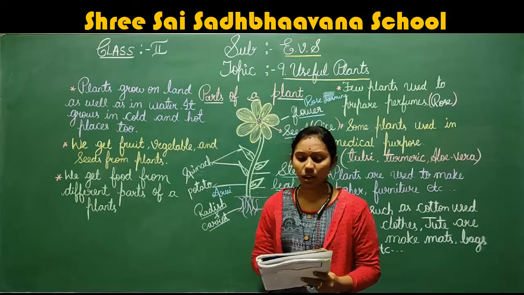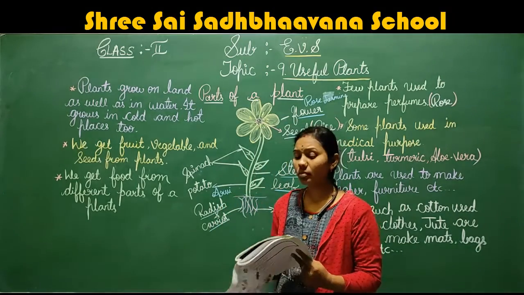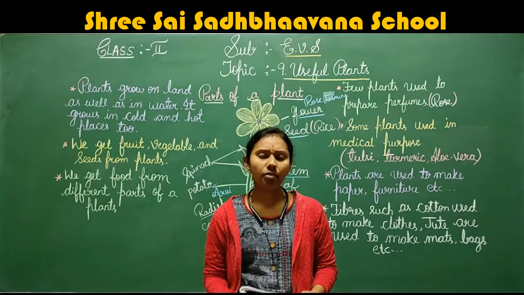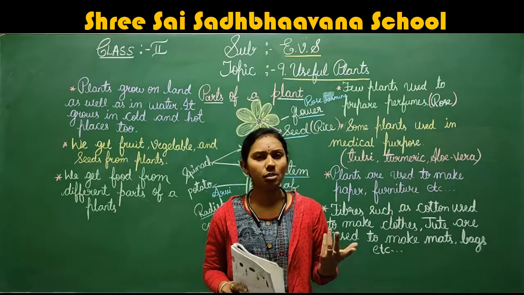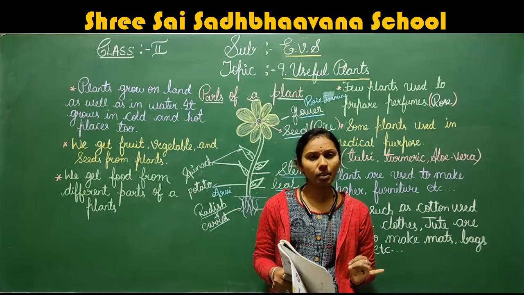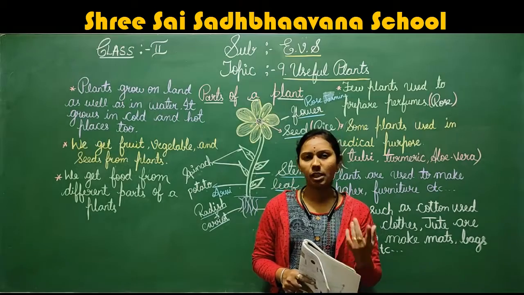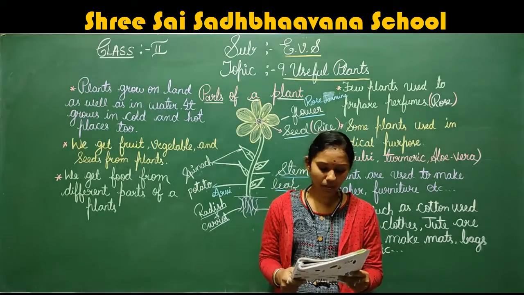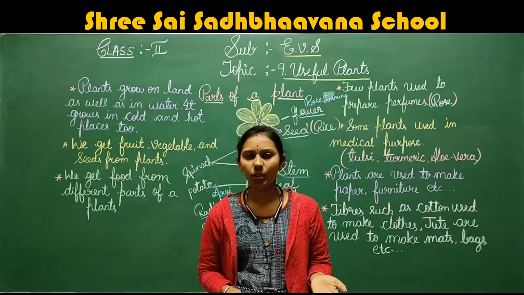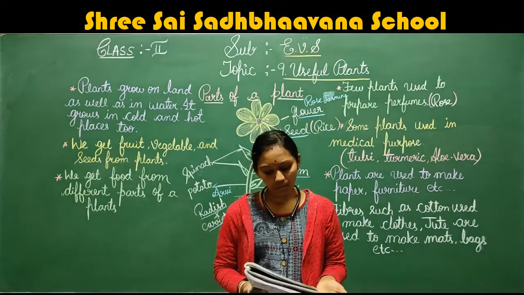Then, as I told you, we get vegetables from the plants. Different types of vegetables: root vegetables, stem vegetables, leaf vegetables and flower vegetables. Then tea, coffee and sugar also come from the plants.